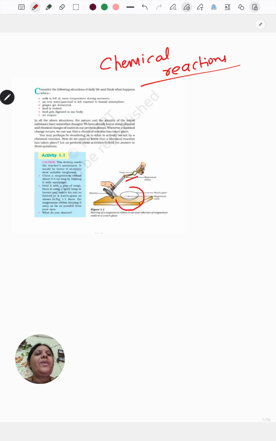Here we have a watch glass to collect the ash formed during this process. After burning the magnesium ribbon for some time, you will find white color ash in the watch glass. So what is that white ash? You will say it is magnesium oxide.